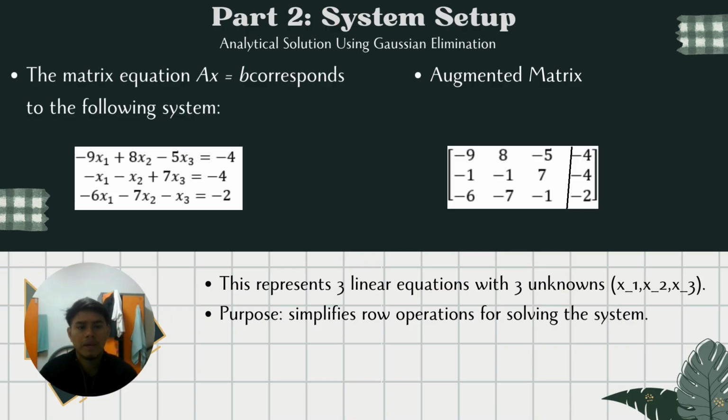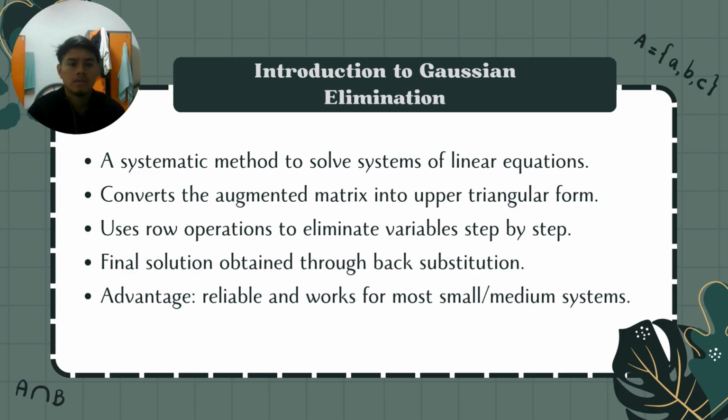So we combine the matrix AX equal to B to be augmented matrix. This format allows us to apply row operations step by step.